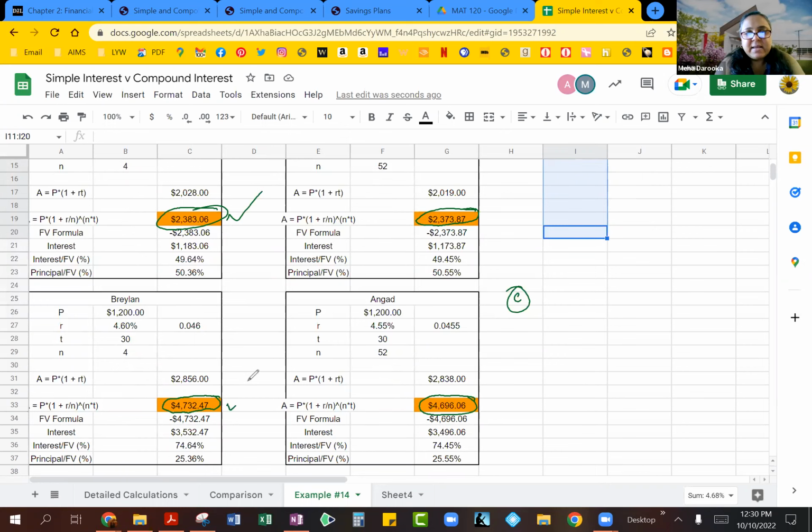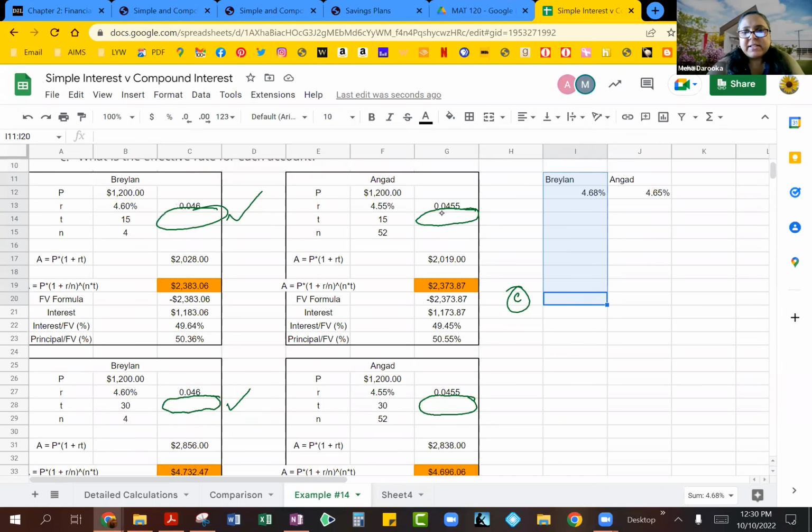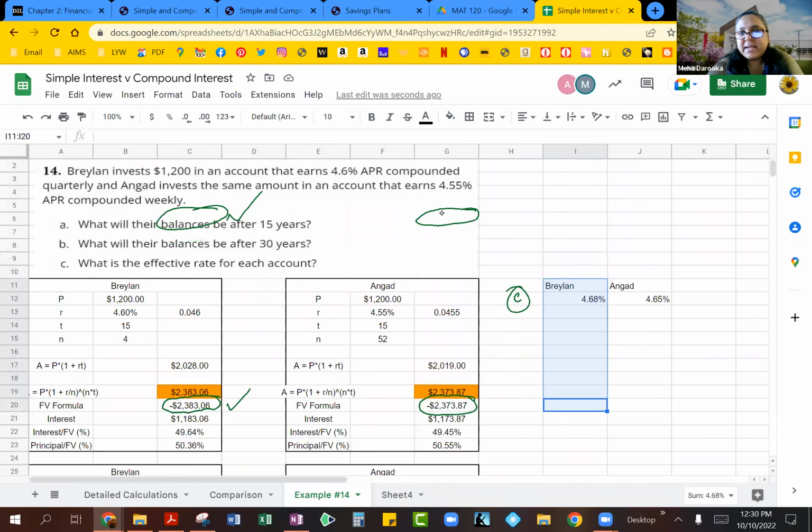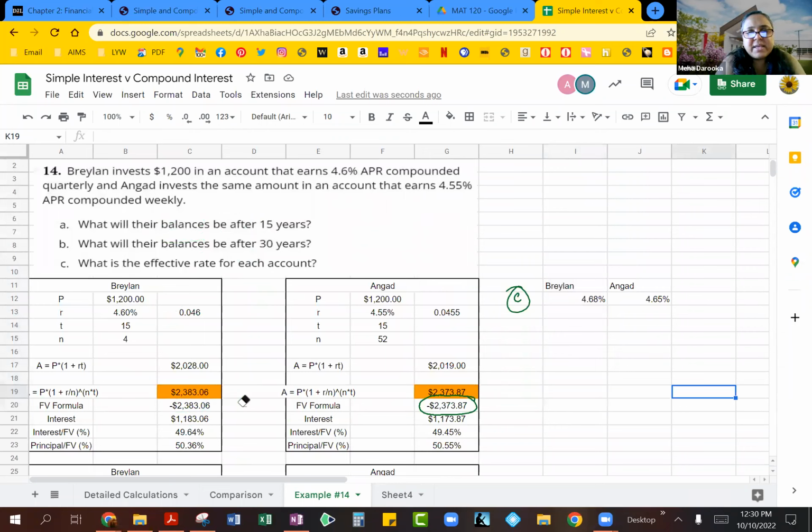So again, after 30 years, obviously, Braylon was still making more money. So that clearly tells you that Braylon was earning a better interest rate. And we have just proven that by looking at their interest rate in terms of simple interest.